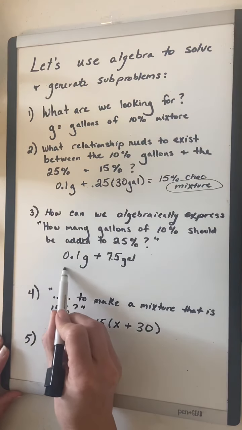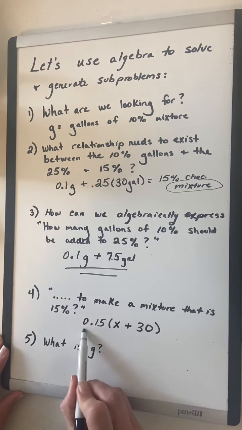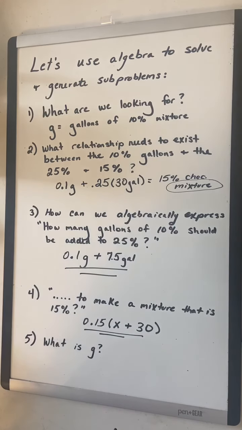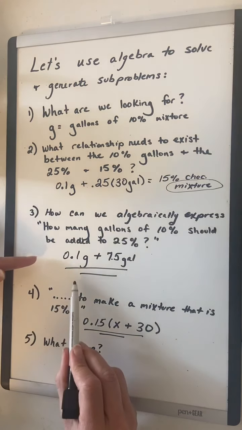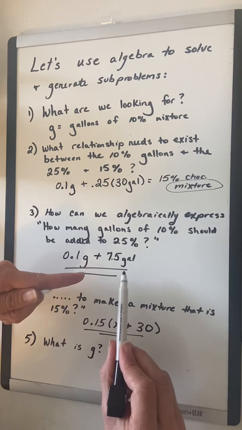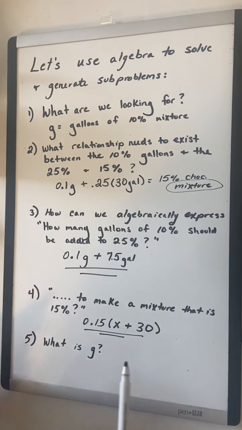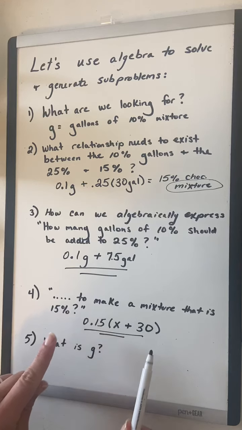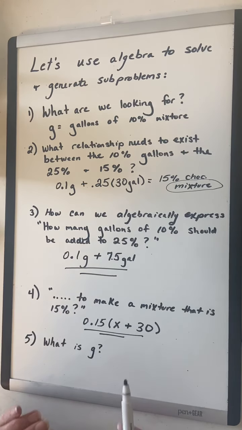Guess what? This algebraic expression must equal that algebraic expression. That makes sense. You're adding an amount of a 10% mixture to 7.5 gallons of straight chocolate from that 25% mixture. It must equal that new 15% mixture.